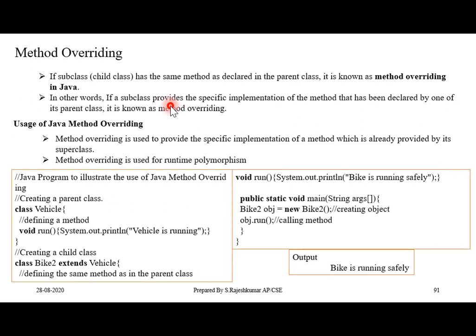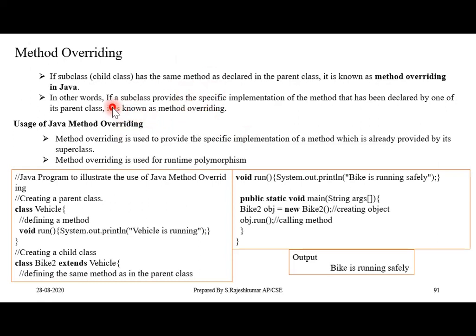When a method available in the subclass is already defined in the superclass, that is called method overriding. In other words, if a subclass provides a specific implementation for a method that has been declared by one of its parent classes, it is known as method overriding.